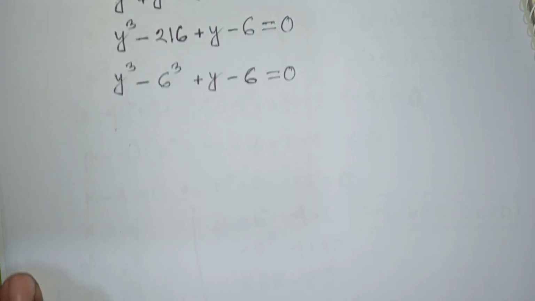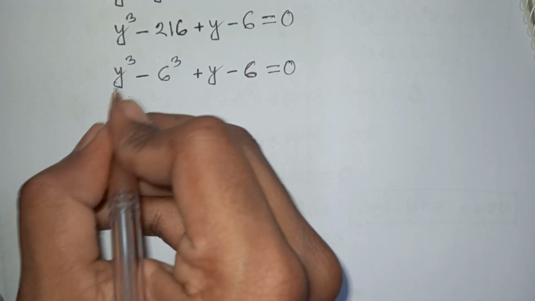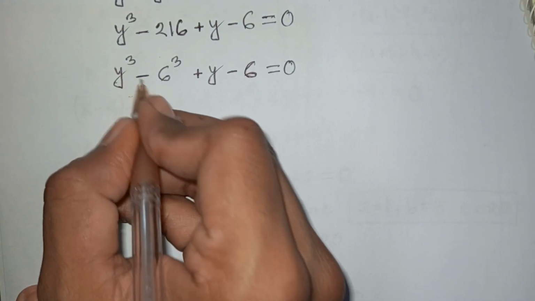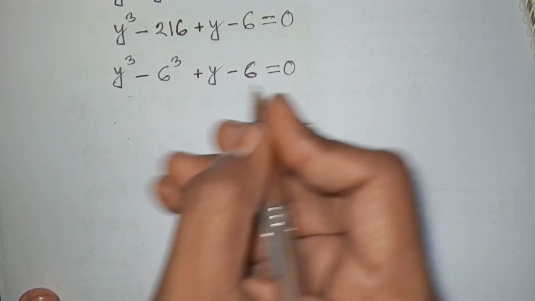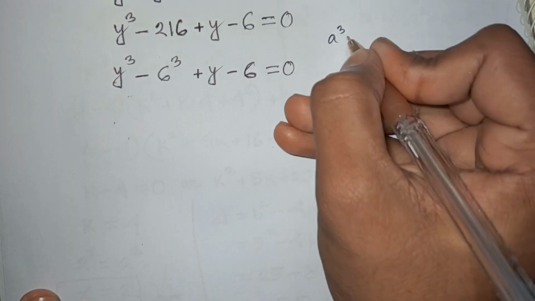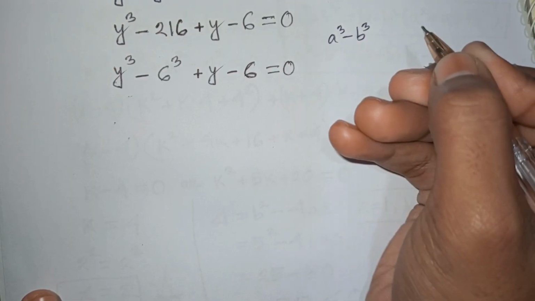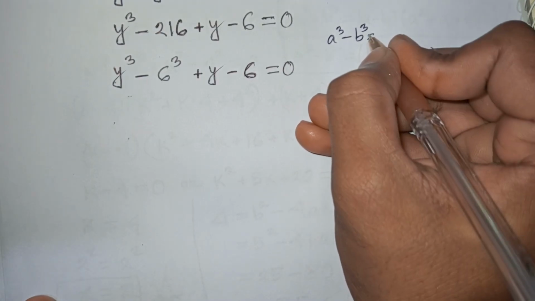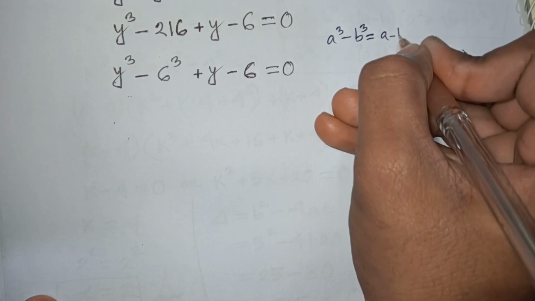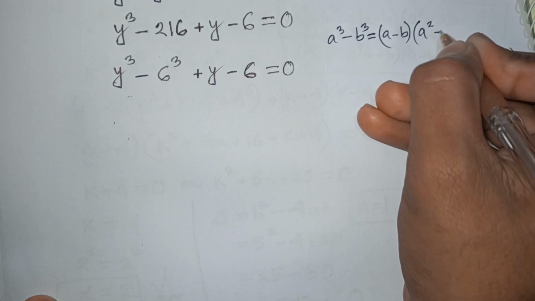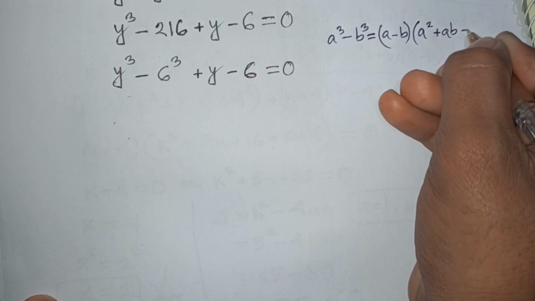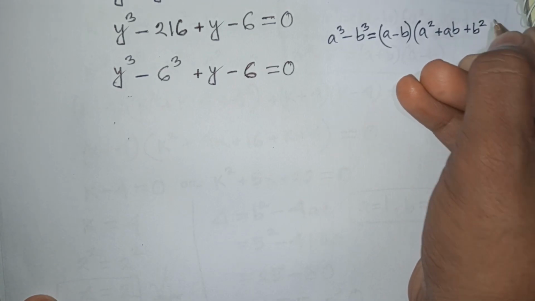In the next step, here we apply the formula of a cube minus b cube. A is y, b is 6. So according to this formula, a cube minus b cube is equal to a minus b times a square plus ab plus b square.